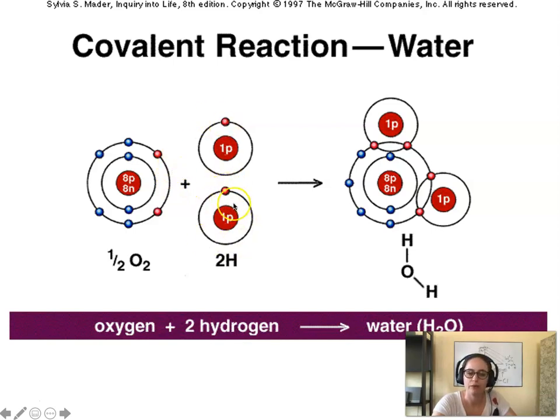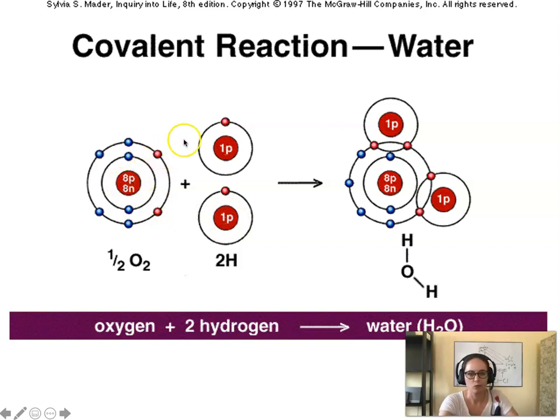Oh yeah, and don't forget, with hydrogen, we've got our inner shell only. We only have that first layer shell. And this one wants how many electrons on only that innermost shell? It wants 2. So again, this will be most happy if it can just get this electron over here. And this will be happy if it can just get this electron over here. So what we're going to do is we're going to have a covalent bond between this hydrogen and the oxygen and this hydrogen and the oxygen.